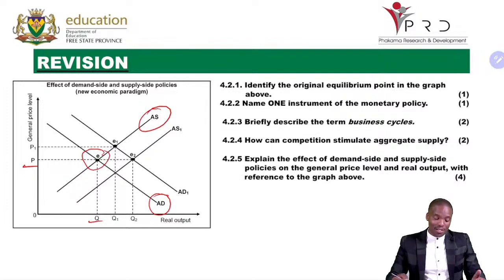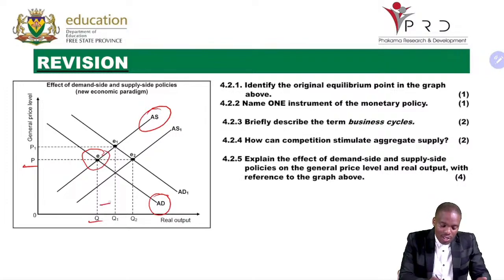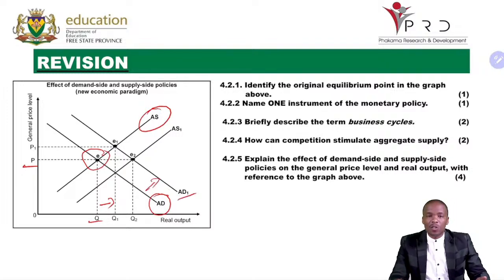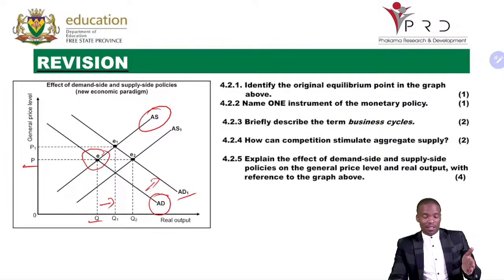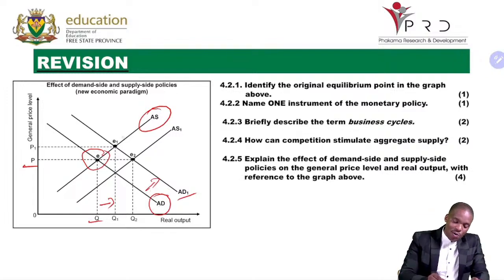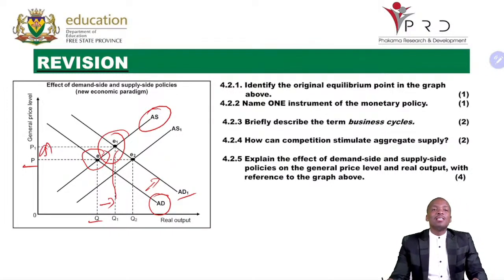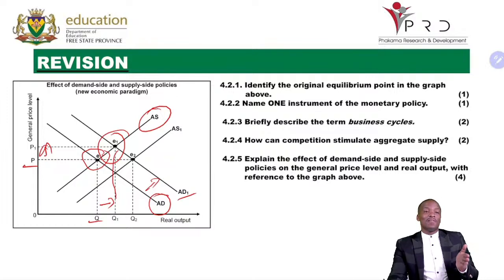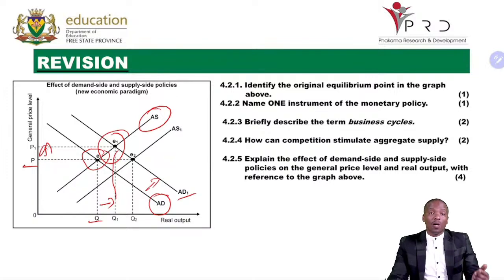So as that happens, the demand for goods and services increases from Q2, Q1, and it shifts from AD2 to AD1. As that happens, we can see that a new equilibrium point is formed at E1. But the problem is this: there's an increase in the prices of goods and services there. And once prices of goods and services increase, you and I know that inflation is likely to occur.